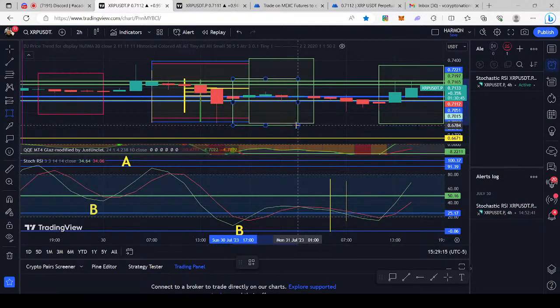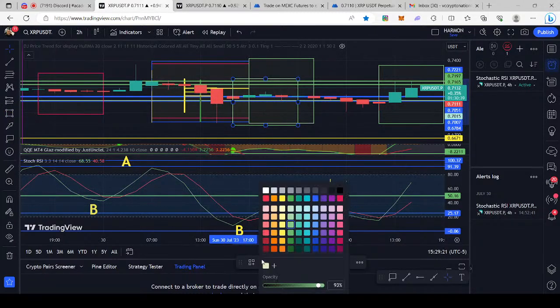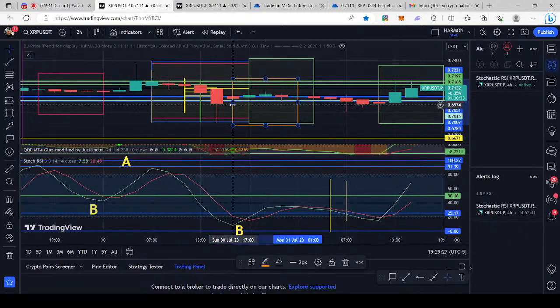And that went up until midnight. Let me make this one orange. So there was a 2 hour that started up on the 30th at 1600 hours.